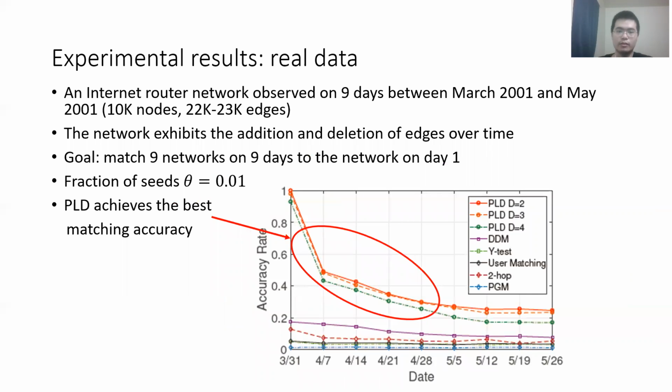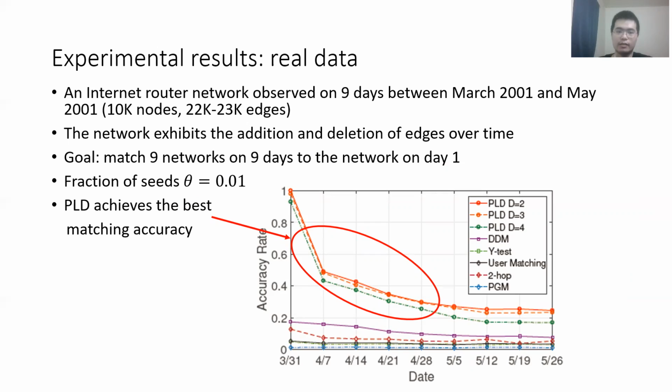We use the autonomous system dataset to further test the graph matching performance on real data. The dataset consists of an internet router network observed on 9 days between March and May in 2001. Since some vertices and edges change over time, these 9 graphs can be viewed as correlated versions of each other. We aim to match each graph to that on March 31st. In this figure, the x-axis is the date of networks, and the y-axis is the matching accuracy.